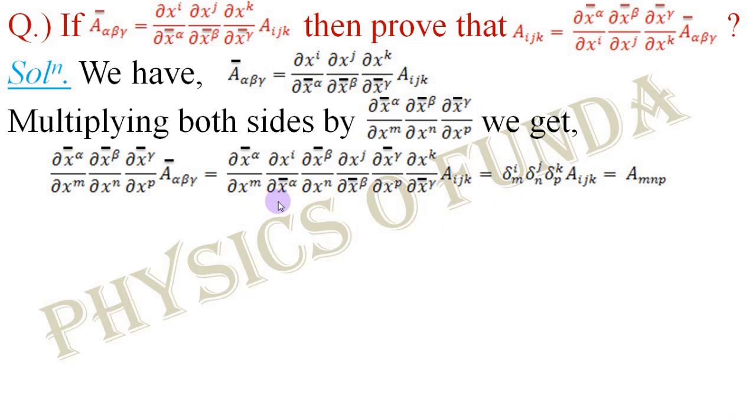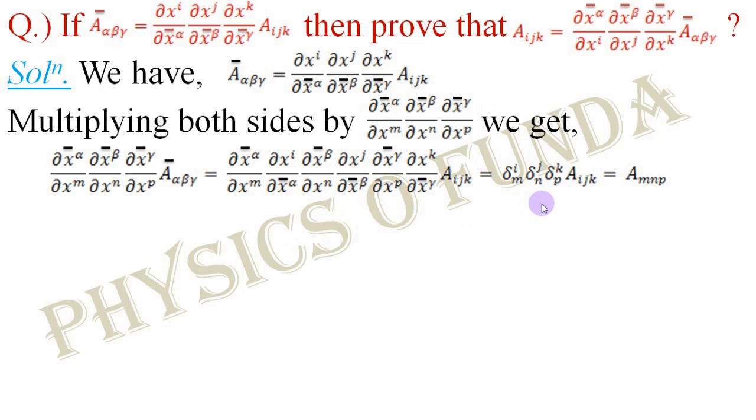The first two terms give a Kronecker delta function δ_im. The next two terms give another Kronecker delta function δ_jn, and the last two terms, excluding A_ijk, give another Kronecker delta function δ_kp. All these Kronecker delta functions we get by following the notation of how the Kronecker delta function is represented in tensor analysis. Now, if i becomes m, j becomes n and k becomes p, then only this Kronecker delta becomes 1.